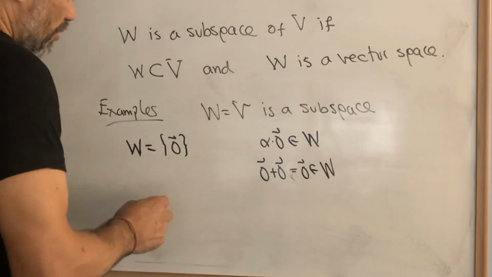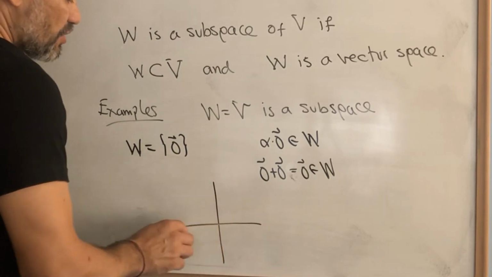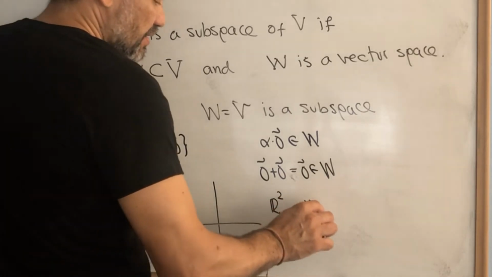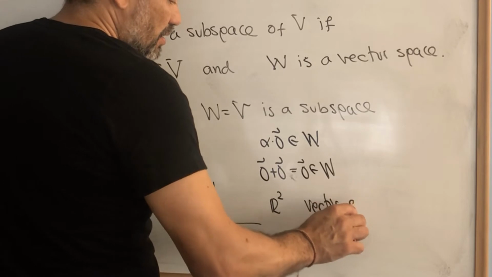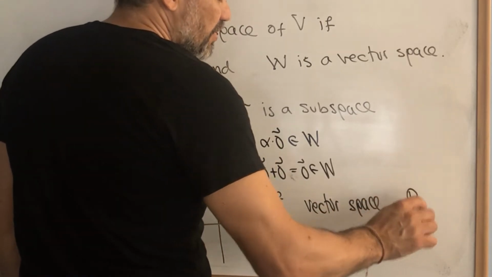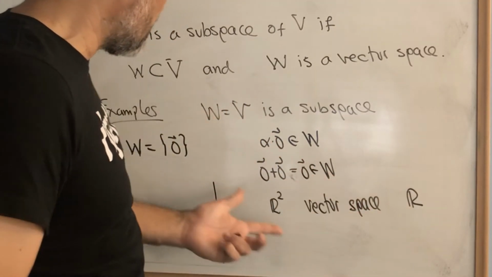Let me just provide another example of something that is not a subspace. We have that R2 is a vector space if we use as scalars the real numbers. We are usually using as scalars either the real numbers or the complex numbers.